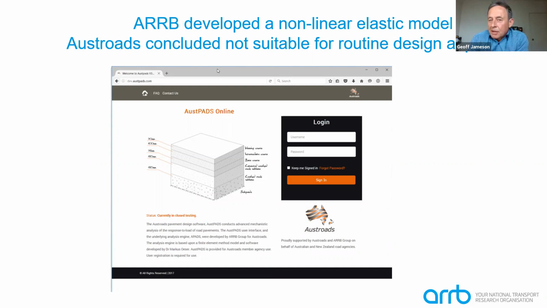So we might come up with an improved response to load model, but there wouldn't be a case that the thicknesses we construct should change from that research. So they were struggling to appreciate why we would change to a more complex system of response to load modelling.